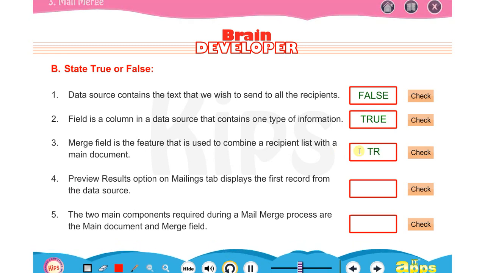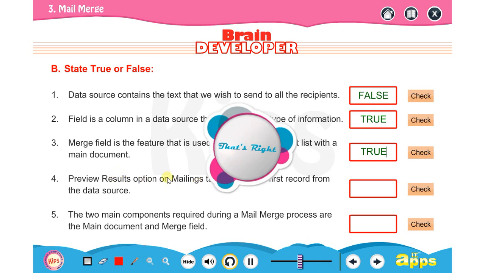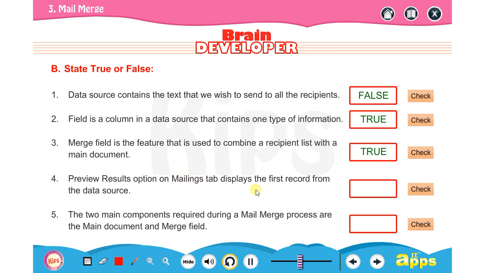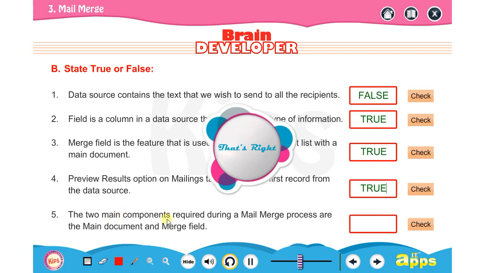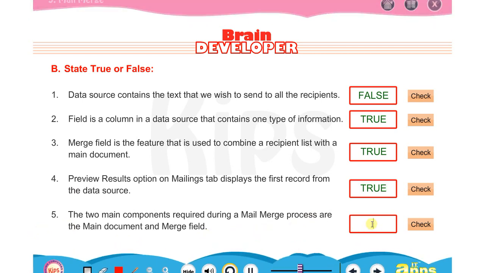It is true. Fourth, preview result option on mailing tab displays the first record from the data source. It's also true. Fifth, the two main components required during a mail merge process are the main document and the merge field. It's false.